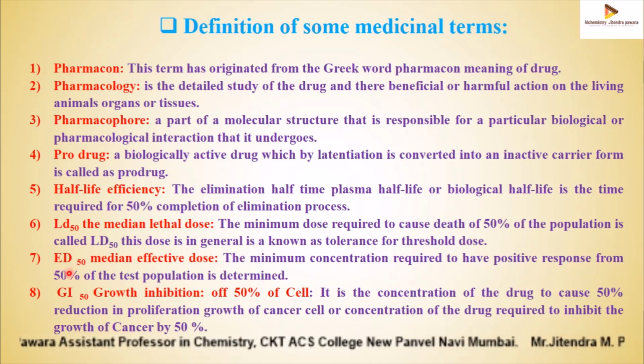The next term is ED50, median effective dose. This is also expressed in mg per kg, which produces a desired response in 50% of the test population. This method involves the treatment of a group of patients with several doses in increasing amounts of standard.